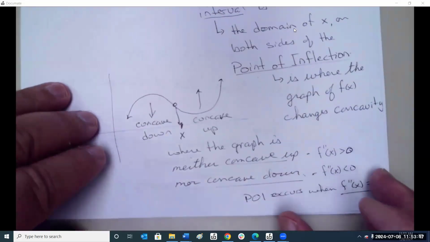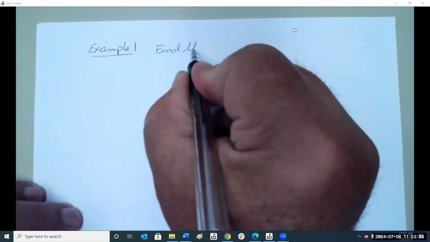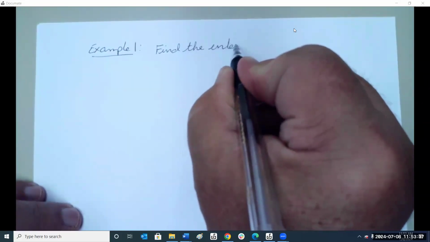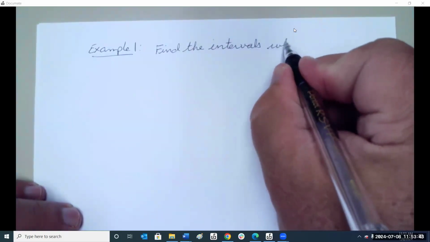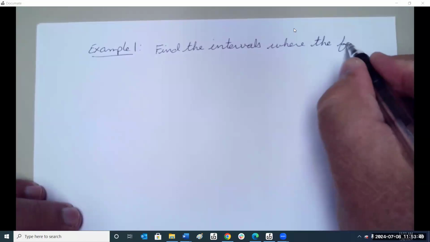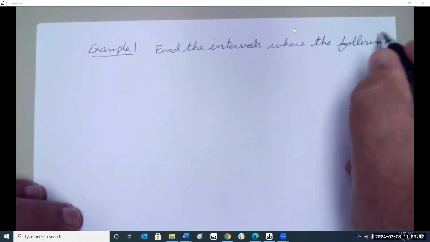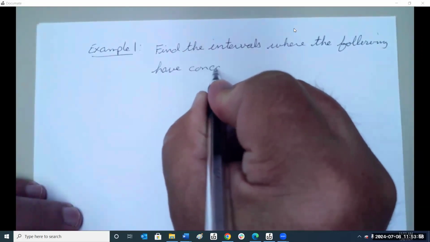All right. So let's look at some examples. Example 1. Find the intervals where the following have concavity.